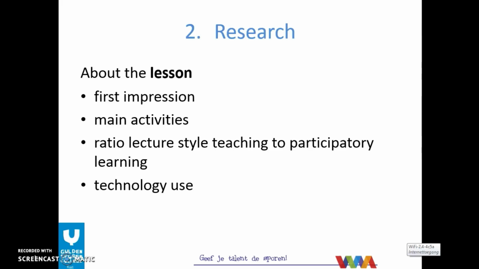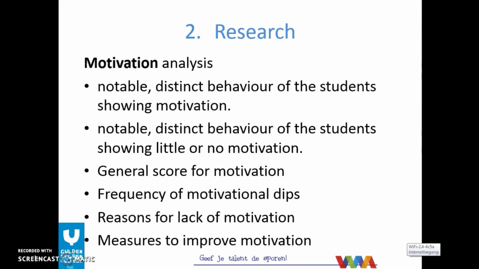We asked the observers for a first impression about the lesson, to note down the main activities of the lesson, to decide about the ratio of lecture style teaching to participatory learning of the lesson, and the technology that's used. We also asked them to analyze the motivation in the lessons, to note down some notable distinct behavior of the students showing motivation and of students showing little or no motivation.